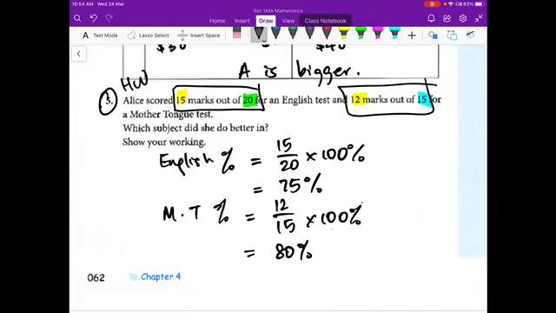So even though the marks for mother tongue were lower than the English results, actually she did better for mother tongue, even though this 12 is less than the 15, because this is 12 out of 15 versus 15 out of 20. Okay, so she did better in mother tongue.